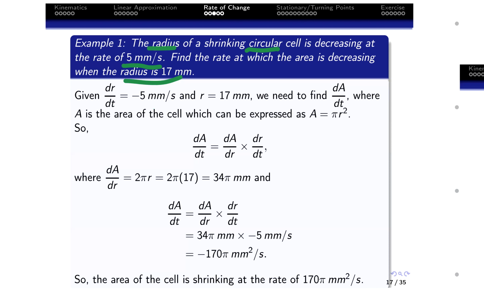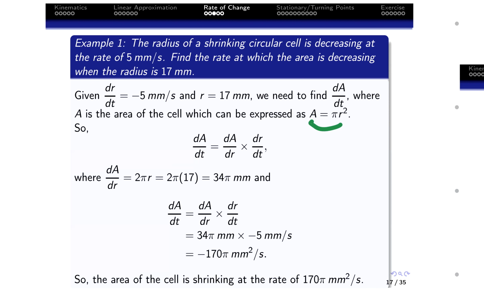So for a circular cell, the area is pi r squared. Now you can note for sure that dA/dt will be dA/dr times dr/dt, because if you cancel the dr, you still get your dA/dt. So dA/dt is dA/dr, which we don't have for now, multiplied by dr/dt, which we have here.